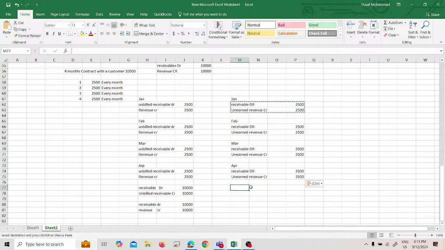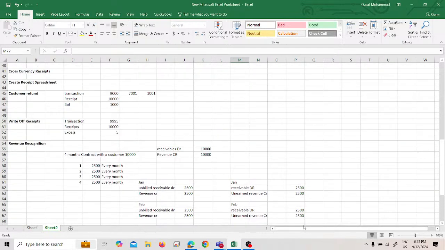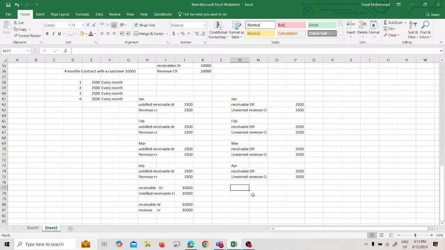So when the bill has been issued, and the revenue is recognized at the end of the fourth month, that is the contract month, we are going to record the entry like this. The entry will go to unearned revenue debit, earned revenue credit, $10,000.